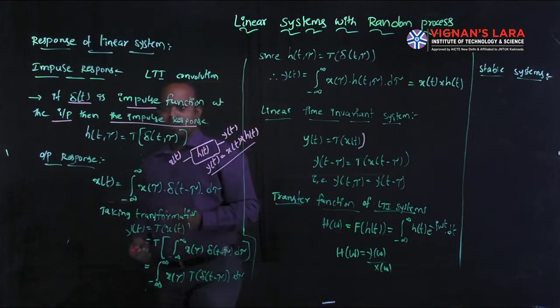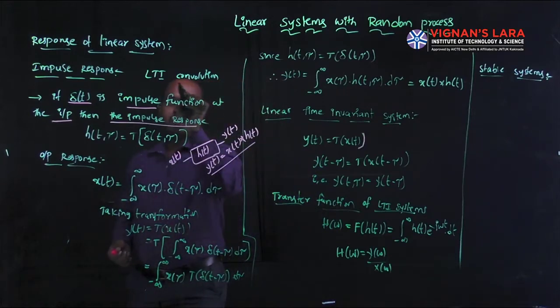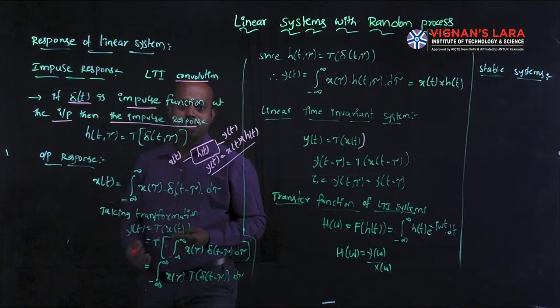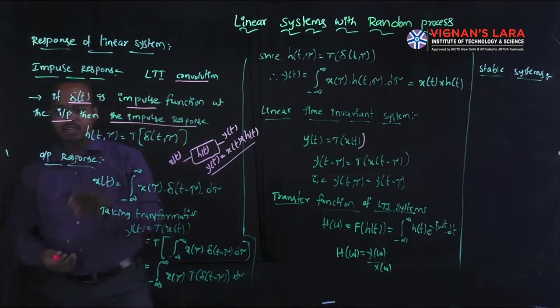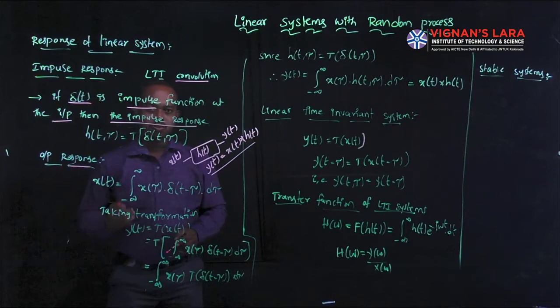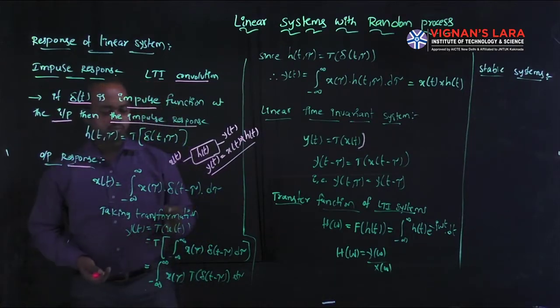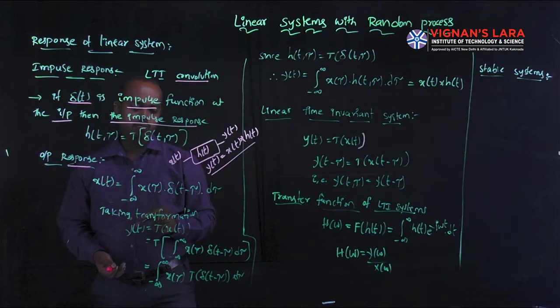Otherwise, we can use the convolution property, a basic property to obtain any system response in the time domain. The second method is the output response. We obtain the output response of a system by using the convolution property between the input signal and the system function. Here, I am treating the system function as the impulse.